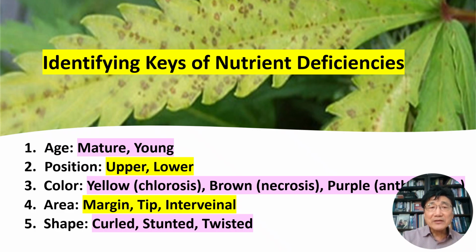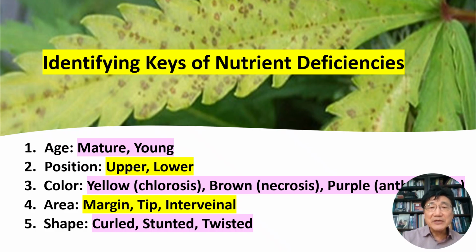Check whether the symptoms appear on young or mature leaves, upper or lower leaves, or inner or outside leaves, or check whether the color of the leaves is yellow or brown. Check whether the symptoms appear at the margin, tip, or center of the leaves.